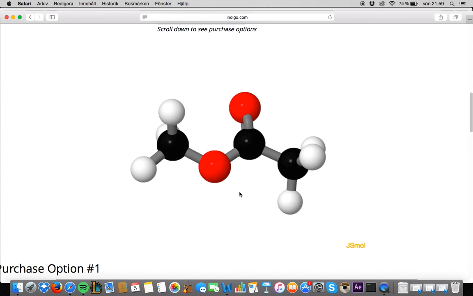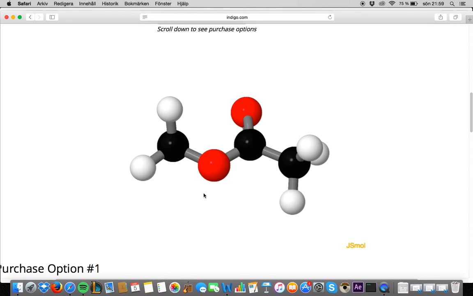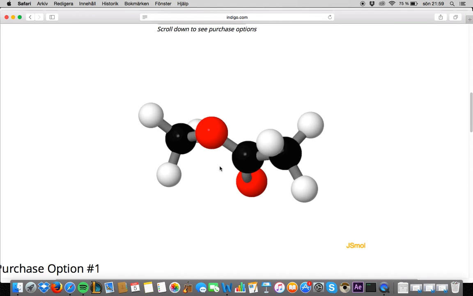This is because the lone pair that is situated over here is drawn closer to the nucleus of the oxygen, and since the lone pair is closer to the nucleus of the oxygen, it will slightly push the two carbon atoms down out of the linear molecular geometry.